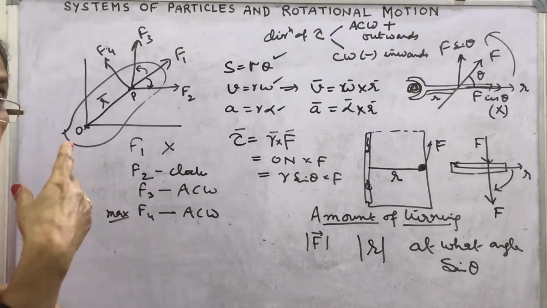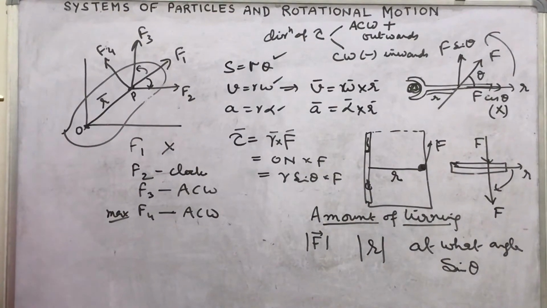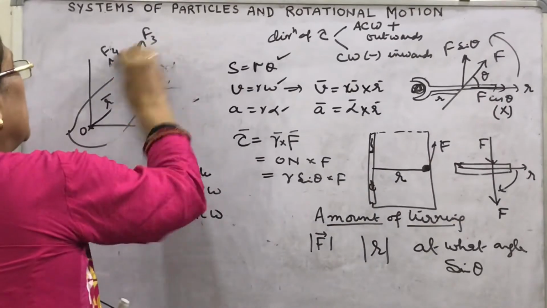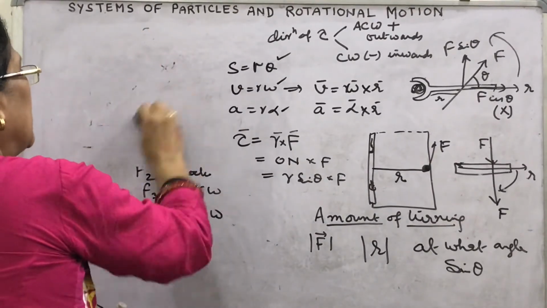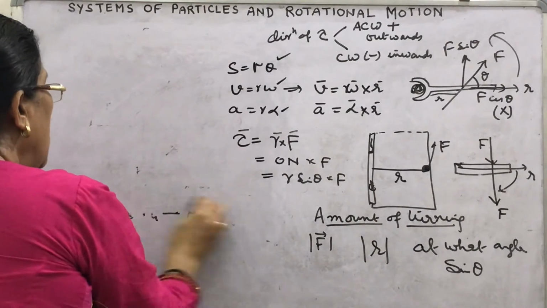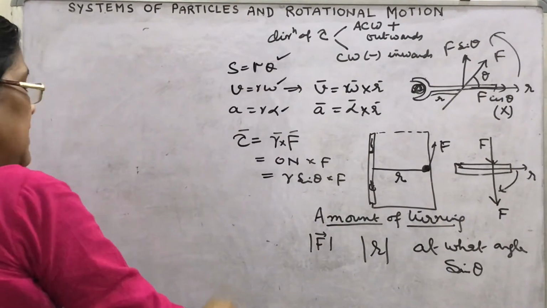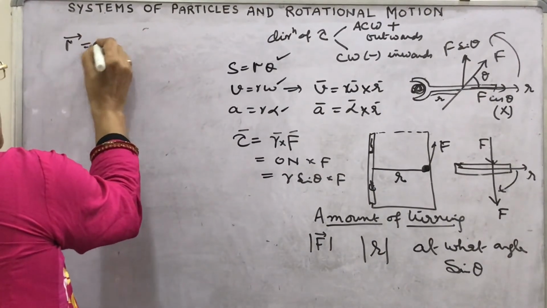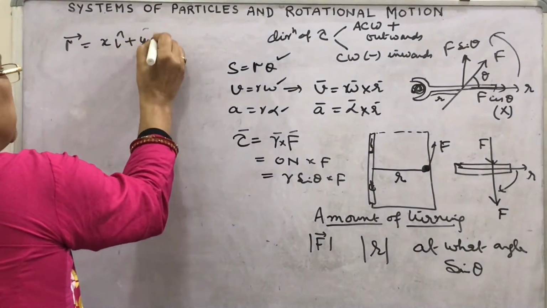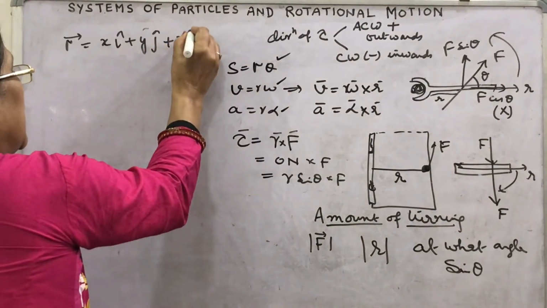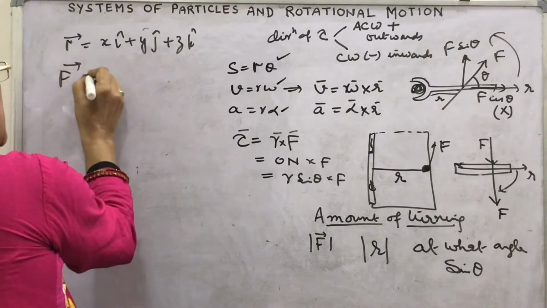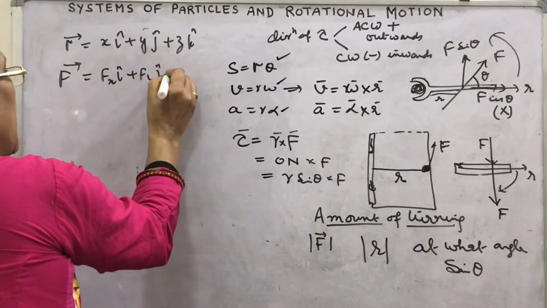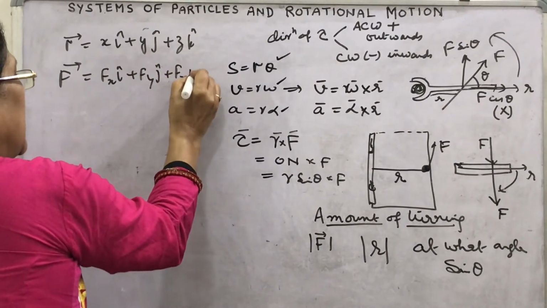What are the rectangular components of torque? If you know that the position vector, not the distance, the position vector and the forces are written in 3D, in terms of rectangular components, this r can be written as x i cap plus y j cap plus z k cap, and F can be written as fx i cap plus fy j cap plus fz k cap.